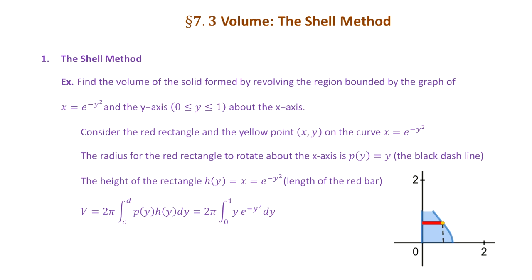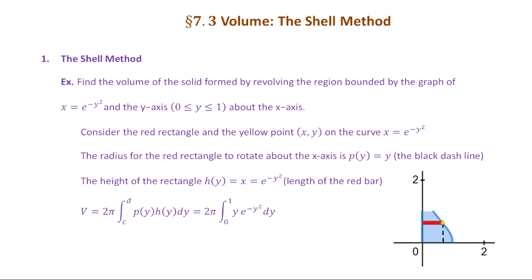Let's just do some simple examples. The first example is to find the volume of the solid formed by revolving the region bounded by the graph x equals e to the negative y squared and the y-axis, with y from 0 to 1, about the x-axis.